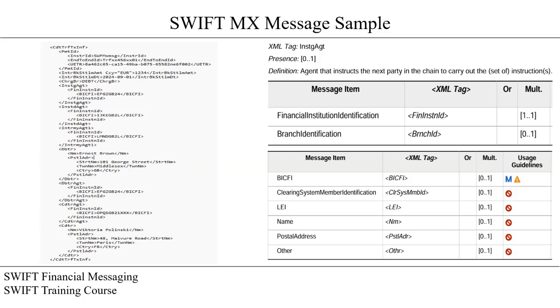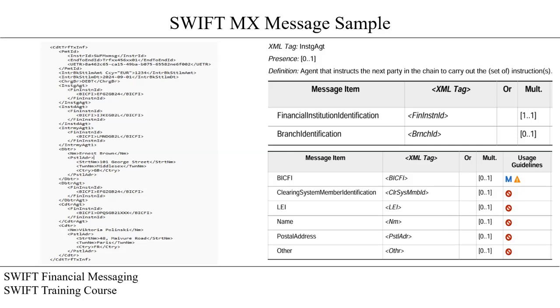That's the association and relationship. And then if you want to link that to the specification on the right hand side, we have the instructing agent, then within that we have the financial institution. You can see the XML tag matches with the tag on the message.